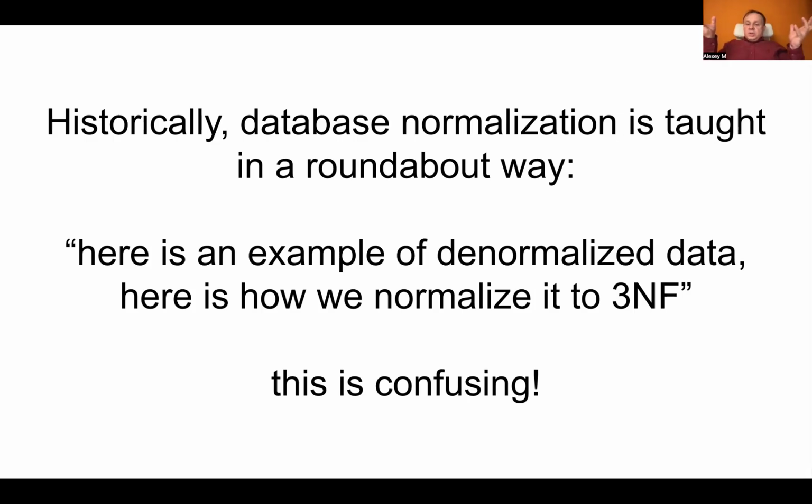Why couldn't we just do the obvious process of logical design that goes to normalized physical design, and then it's going to be normalized from the start? This is confusing for people who get into database design.